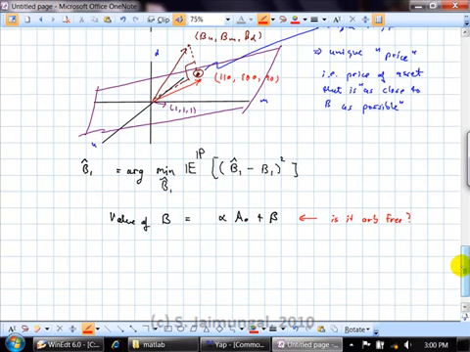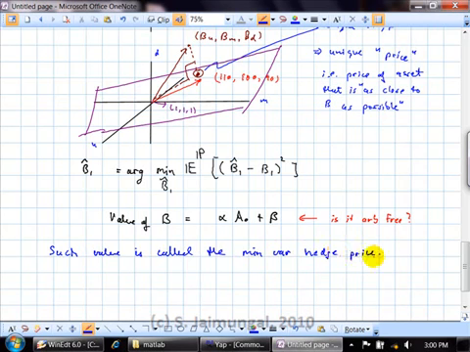This strategy, by the way, is called the minimum variance hedge price. What does hedge mean here? Hedge means hedging in the sense of removing risk.